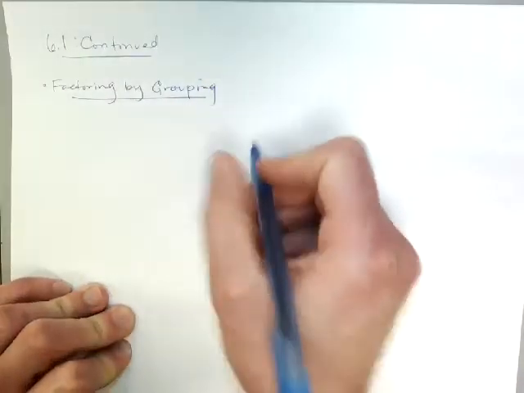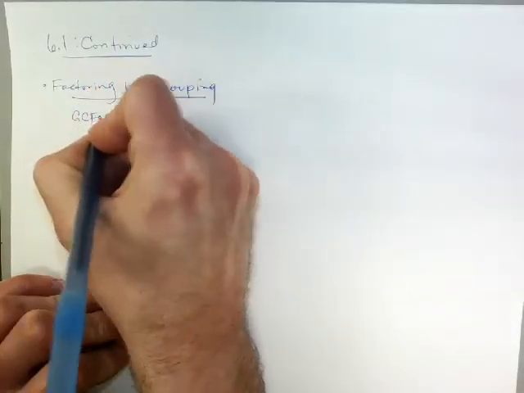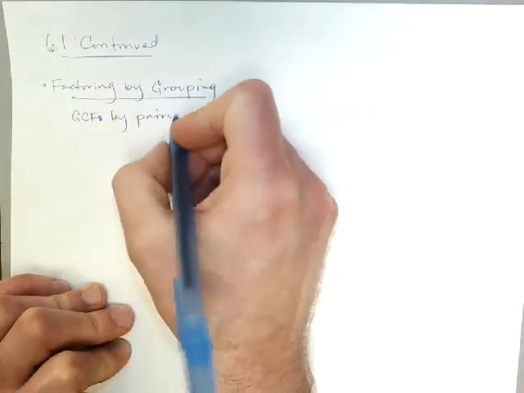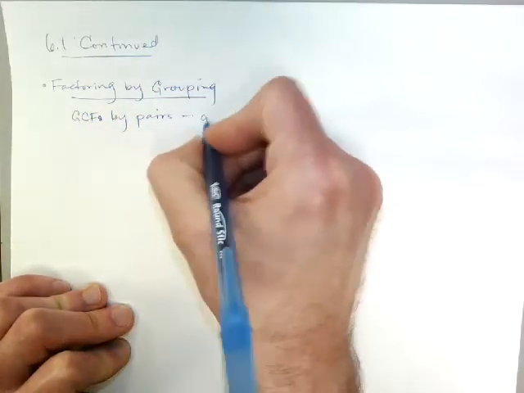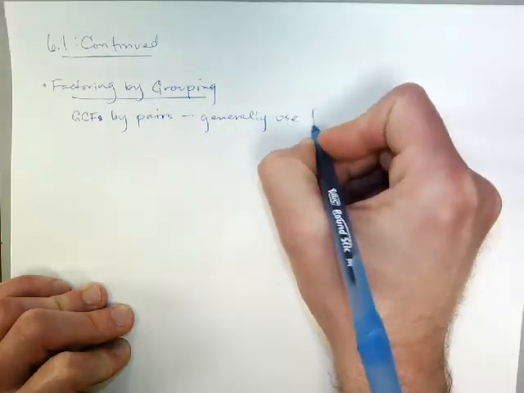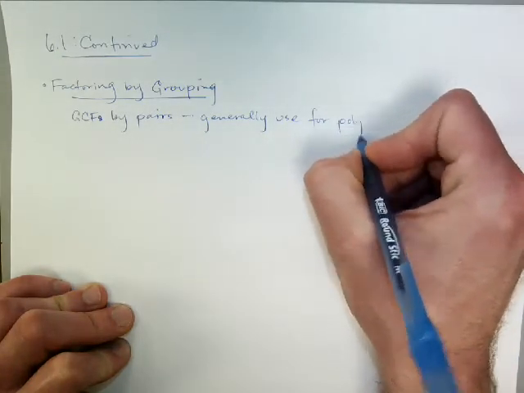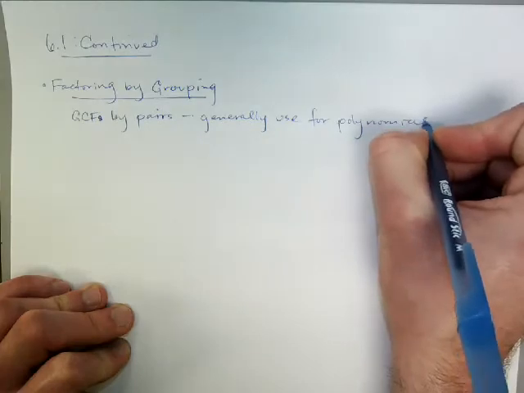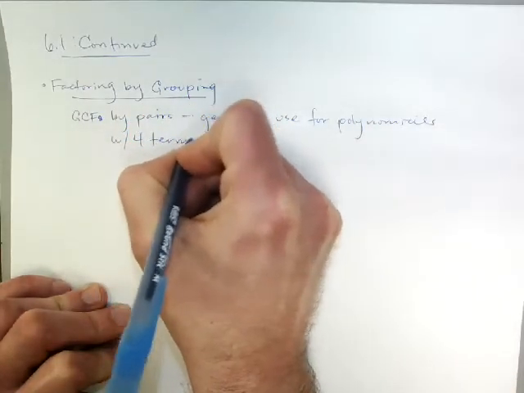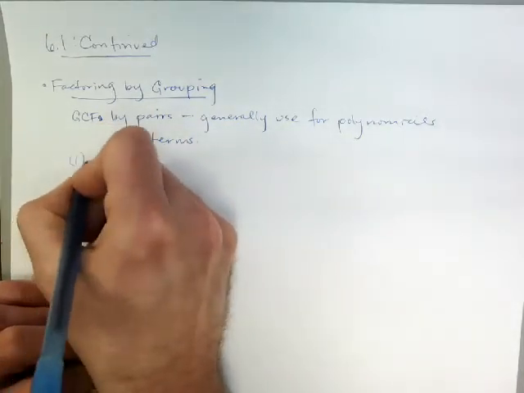All right, so I call this like the double GCF or GCF by pairs. Generally use this for a polynomial of 4 terms. Okay, and the basic process here is to pair up the terms.